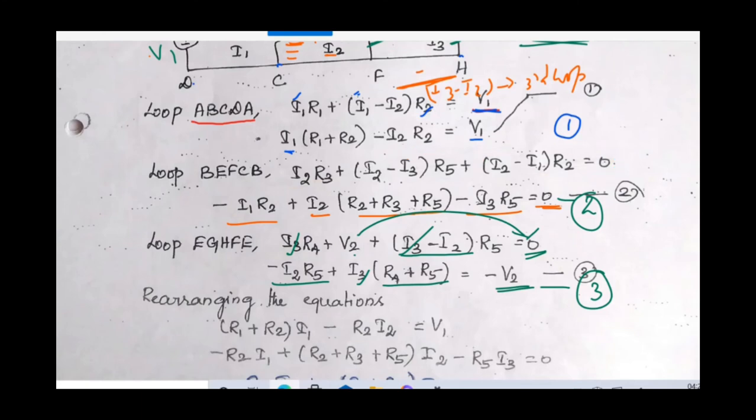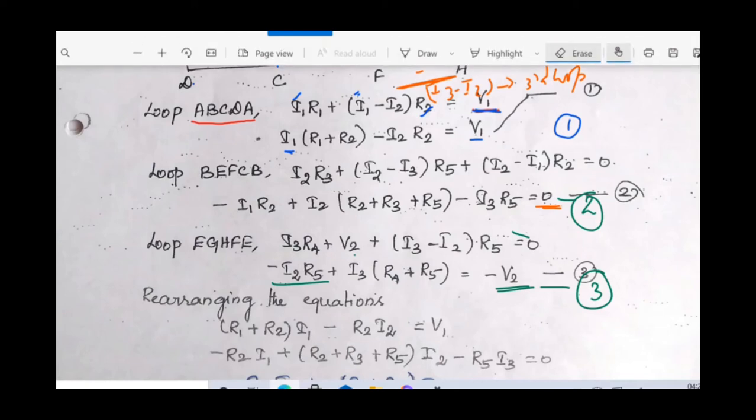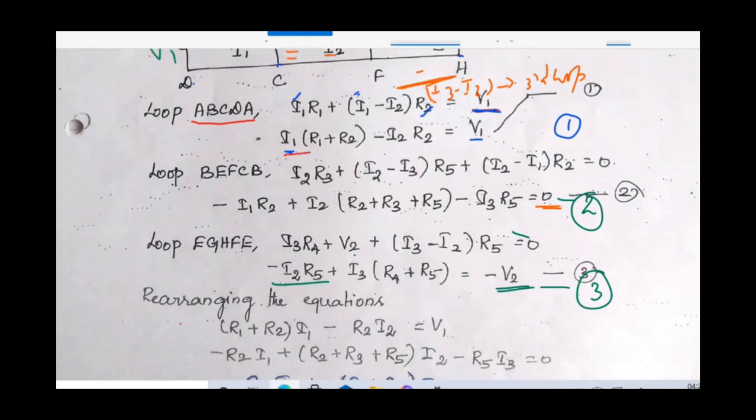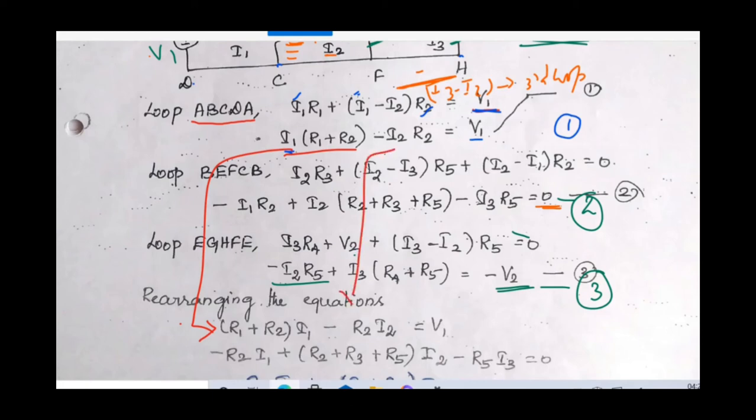According to expression number 1, we can write (R1 plus R2) into I1 minus R2 into I2 equal to V1.